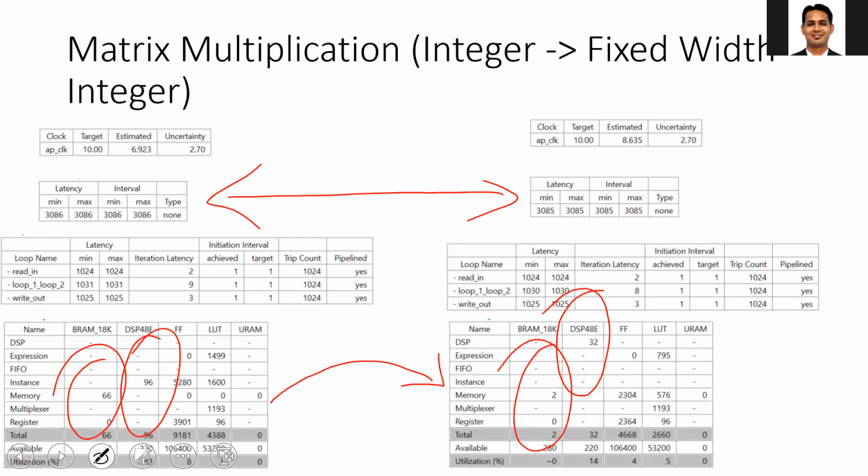This DSP48 is performing the multiplication as well as the addition operation, so it is performing the MAC operation, both operations together, because of the smaller word length. This is the advantage of using the appropriate word length.